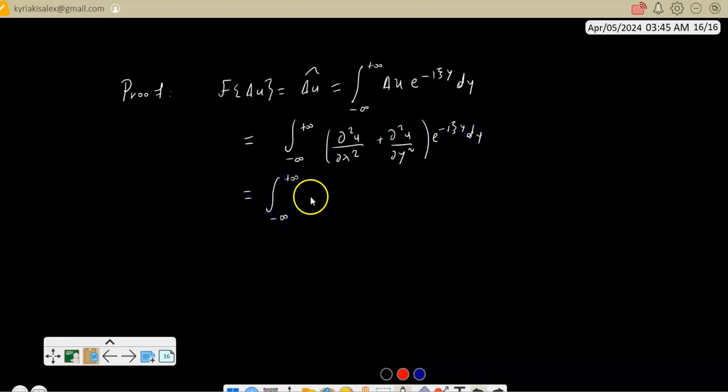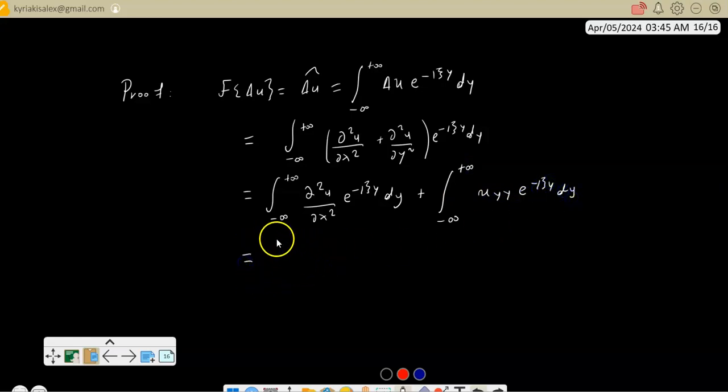We split the integrals here. This can be written as u_yy. Now here we need to be a little bit careful. Here we do integration by parts.